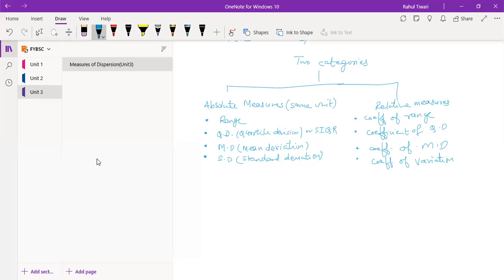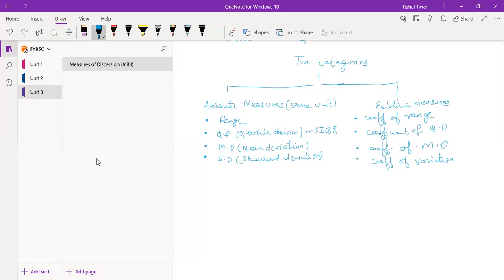And the opposite of that, when the units differ, we are going to use the relative measures. There are several examples, but I'm not going into more. For example, suppose we have a group of persons and the variation in height and the variation in weight is to be compared. We want to compare the height of the person with the weight of the person.